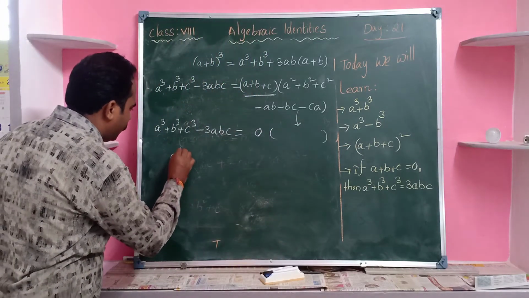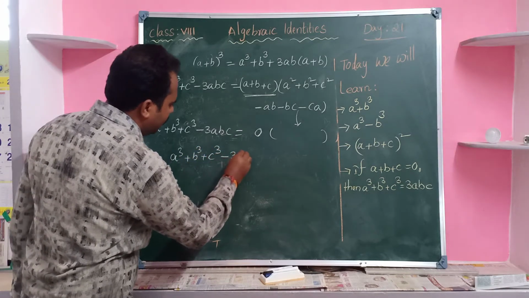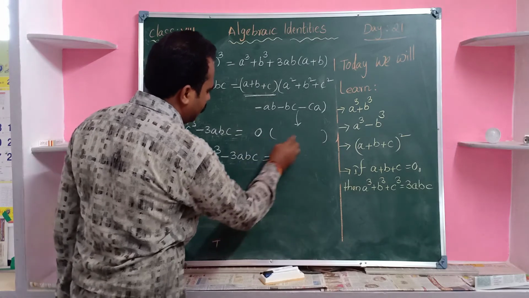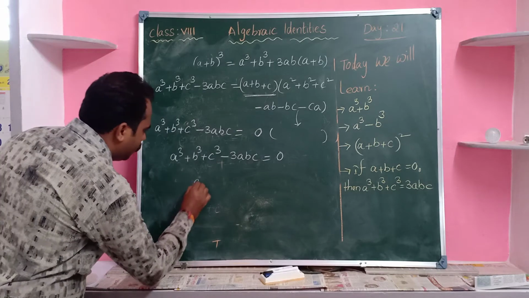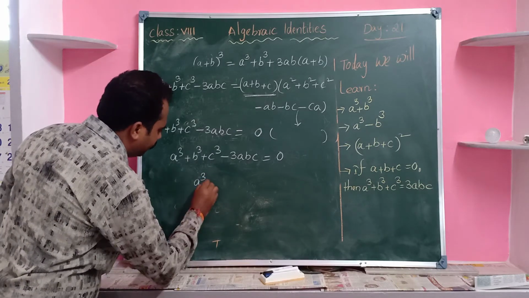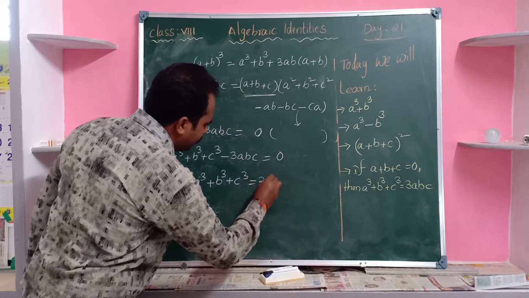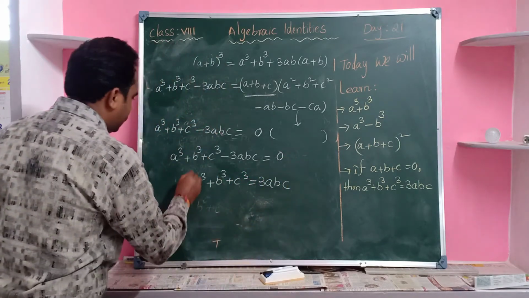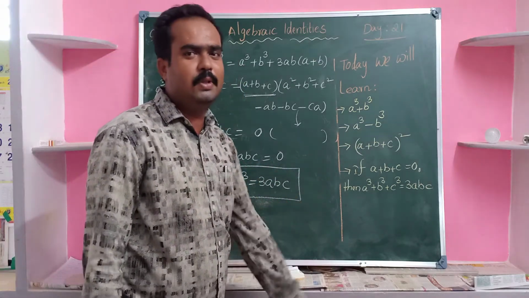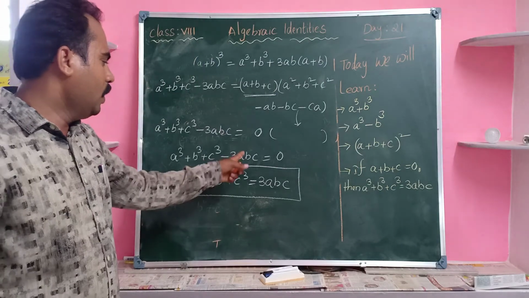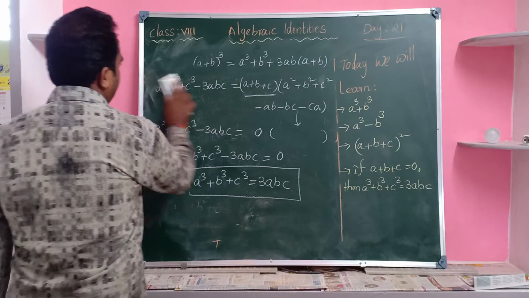So a cube plus b cube plus c cube minus 3abc is equal to 0. From this we can write a cube plus b cube plus c cube is equal to 3abc. So it is a conditional identity. If a plus b plus c is equal to 0, then a cube plus b cube plus c cube is equal to 3abc. It is a very important one.